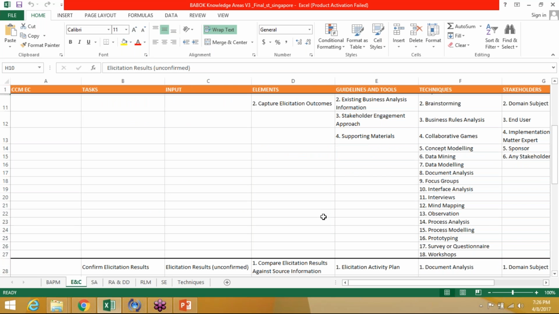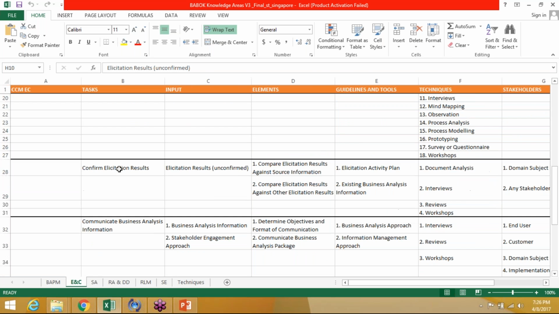Once you have got those elicitation results, they become an input. If you see the input here, they have become input to confirm elicitation results. And when you are trying to confirm those elicitation results, you need to check for any inconsistencies and ambiguities that might have crept in while seeking information through your elicitation, and that is the reason these two elements are spoken about here.